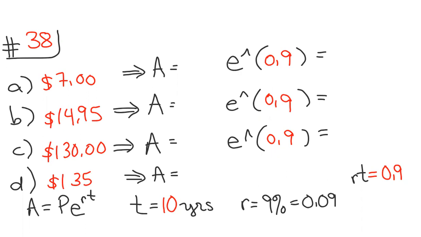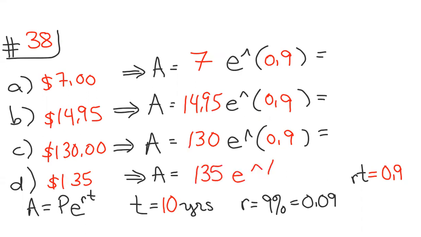This time around, right, we just have to put in 7, 14.95, 130, and then this one we actually have to solve 135 e to the 0.9 exponent, right?